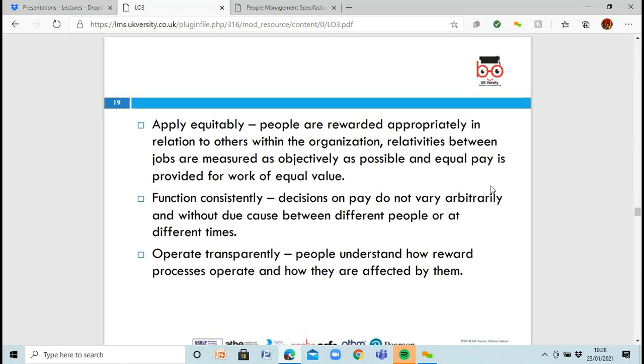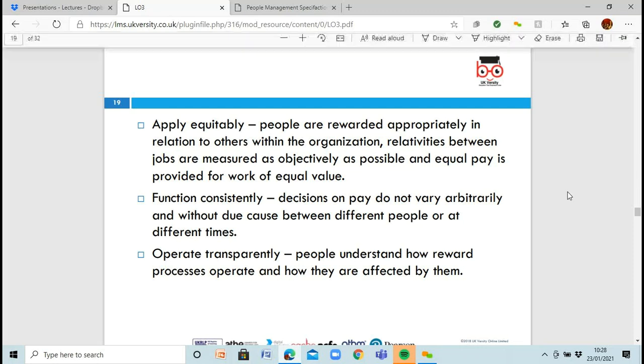And then apply equitably. So people are rewarded appropriately, in relation to what they're actually doing for the organization. So it's something that is relative between your job and also what the organization wants. It should be as objective as possible and it should be equal for everybody.